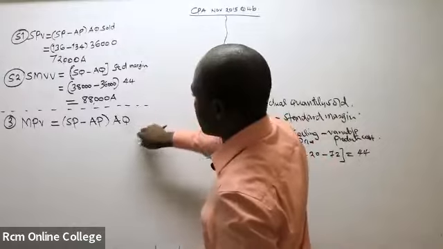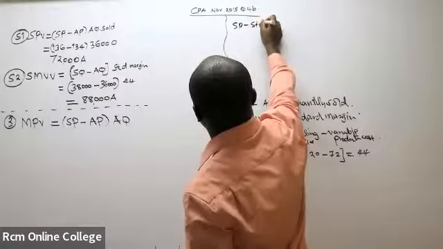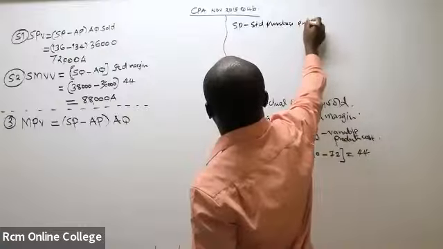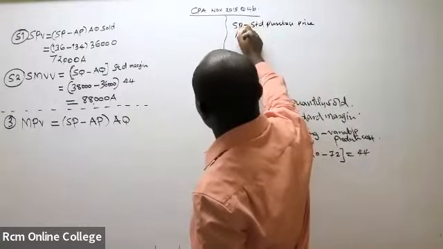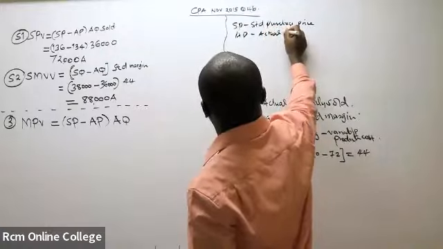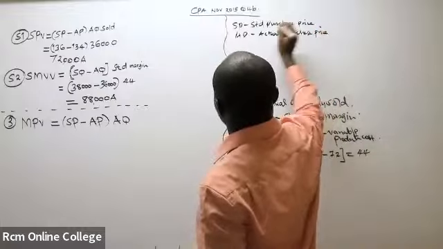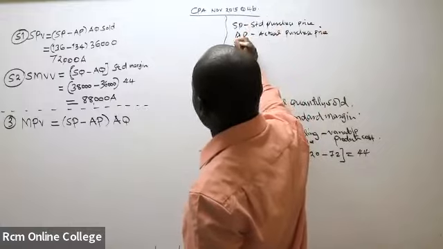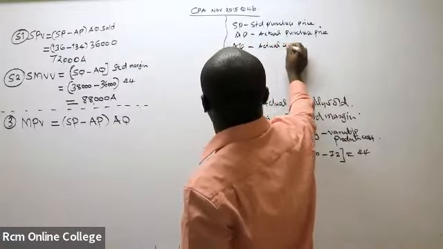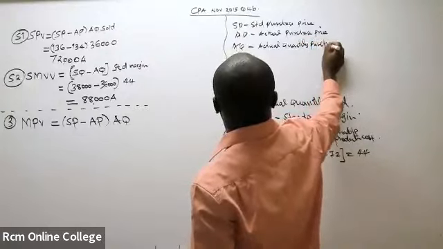When dealing with material now, standard is the standard purchase price of raw material, then AP is the actual purchase price, not actual selling price. Then we have actual quantity, that is actual quantity purchased.